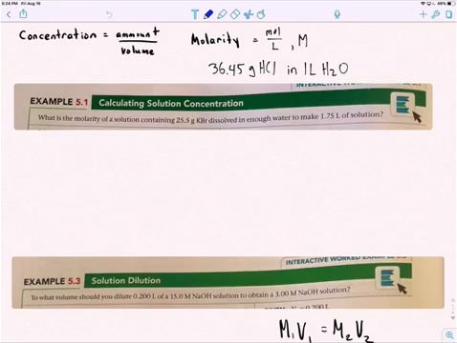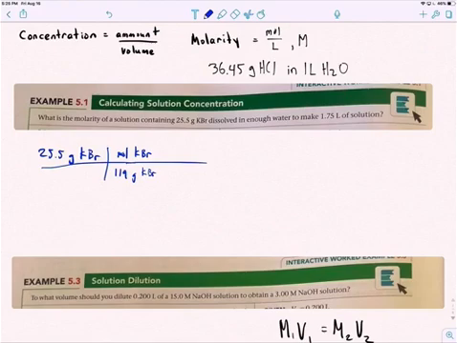What is the molarity of a solution containing 25.5 grams of potassium bromide to make 1.75 liters of solution? The way you do this is dimensional analysis: 25.5 grams of potassium bromide, and then you have moles KBr, and the molecular mass of KBr is 119 grams per mole, and then divide by 1.75 liters.